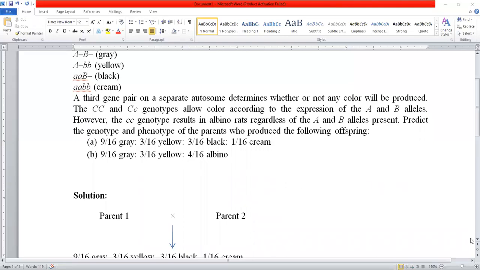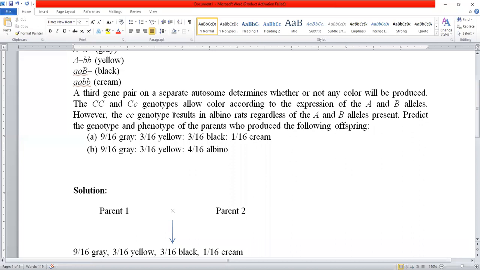So, if the capital C allele is not present, the small c genotype would result in albino rats. In this ratio, there is no albino rat. It means that the third gene is capital C in homozygous condition.